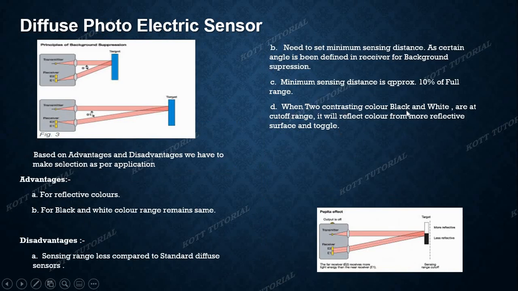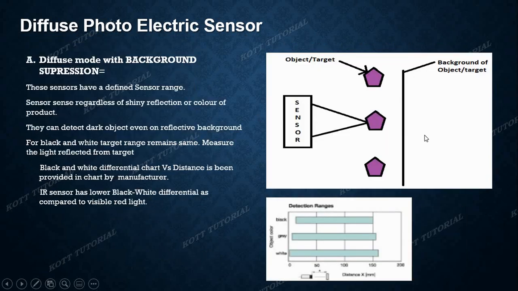When two contrasting colors, black and white, are kept at a cutoff range, it will reflect more from the more reflective surface and toggle. See this point, I will explain here. See, the maximum sensing range of this sensor for white color is say 160 mm.